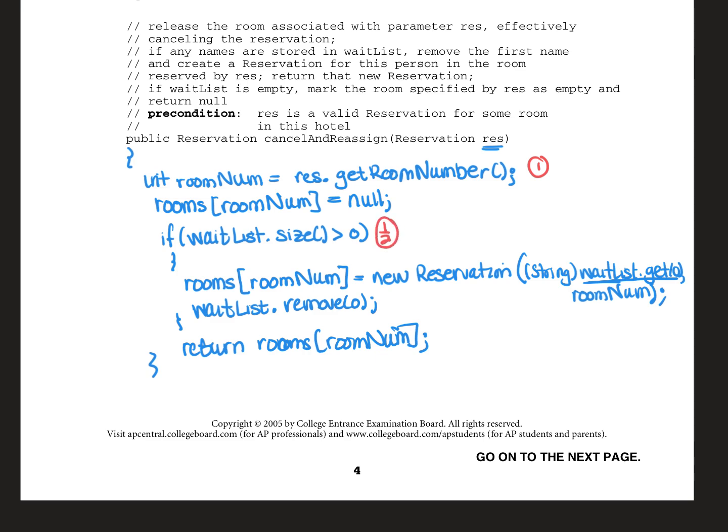And then you're going to get 2.5 points for using the wait list. You have to get the first entry, so you're going to have to do get(0). You get 1 point for that. And creating a new reservation, you get 1 point for making sure the room number is correct. And then 1 point for the waitlist.remove. And then a half point for that return statement.